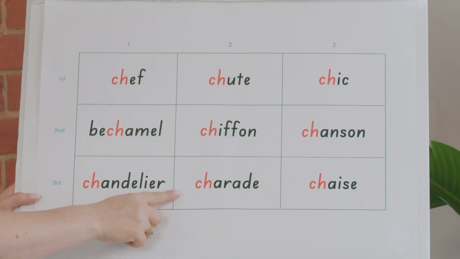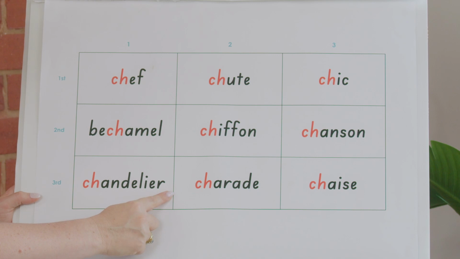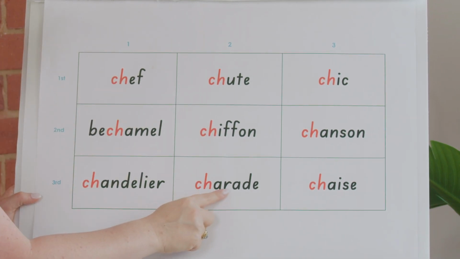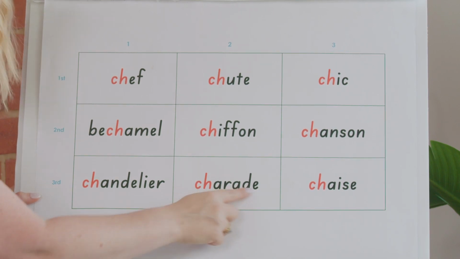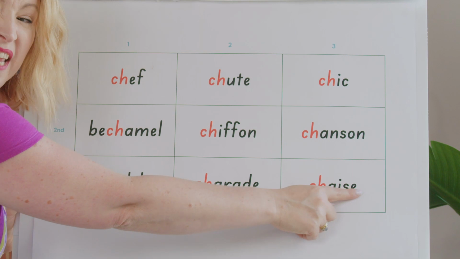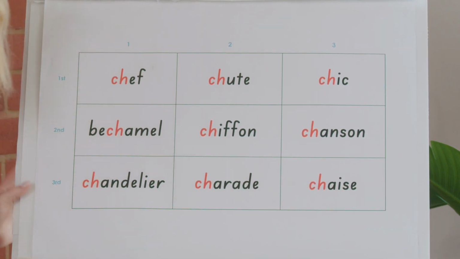Chandelier. This one's a big word, isn't it? Chandelier. 3-syllable word. Next one. Charade. And the last one is sh-a. That's making the z sound in this one. Shays. Well done. There was lots of tricky words in there.